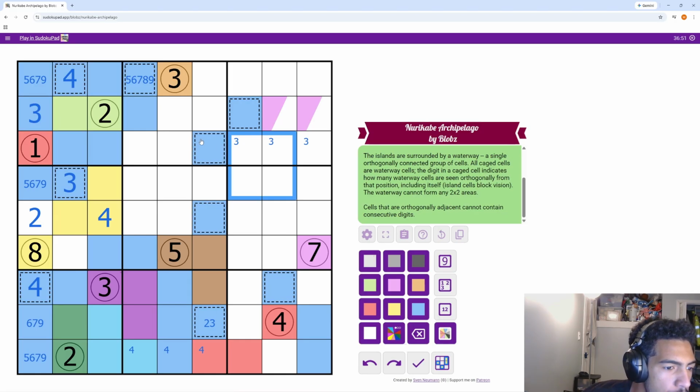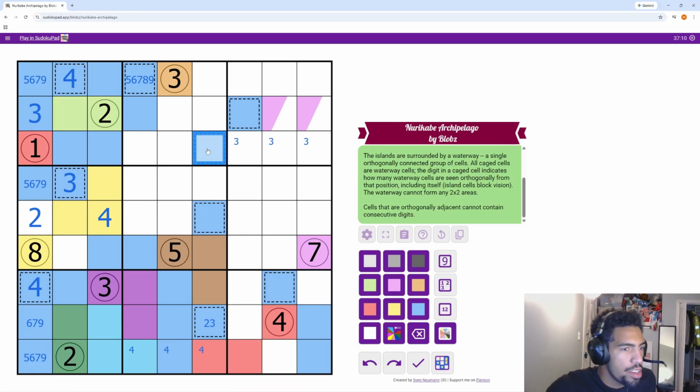Let me think about. This could be a 1 or a 2 still. Doesn't need to be a big digit. I'm trying to see if I have any cages that are restricted that I can learn from.